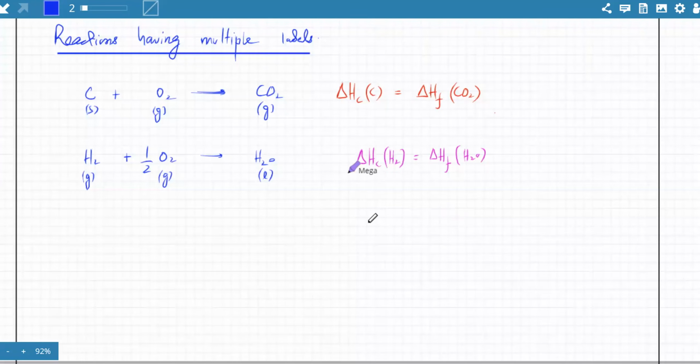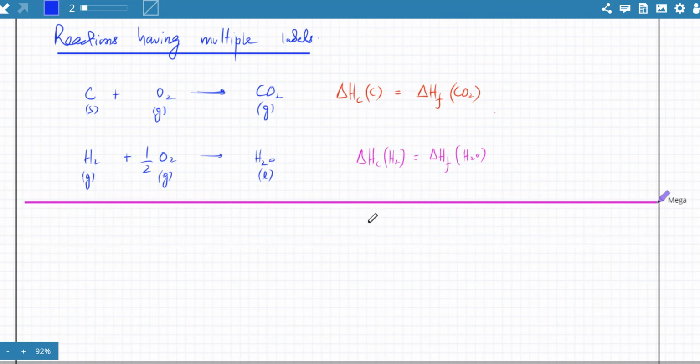So I'm going to write a few equations. Quickly tell me what this is. 2 carbons plus 2H2. I've got C2H4, which is ethene.